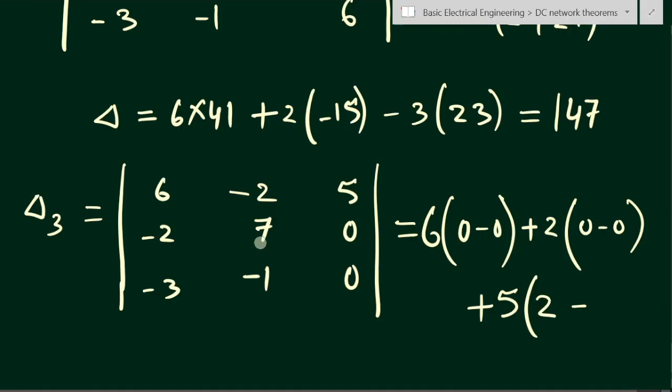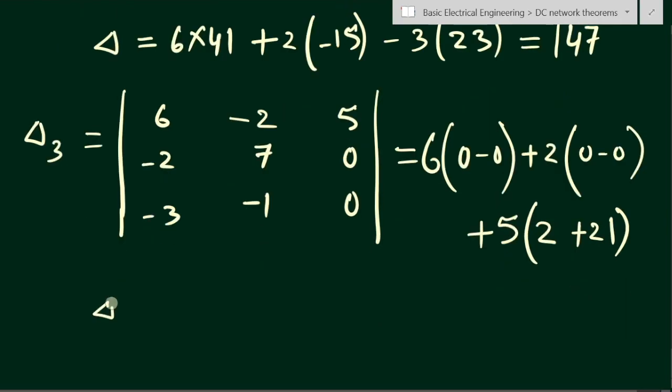Okay, minus 7 into 3, this is 21, this will be positive now, 21. So therefore delta 3 is equal to this value, 115. Okay, so we have got the delta 3 value is 115.